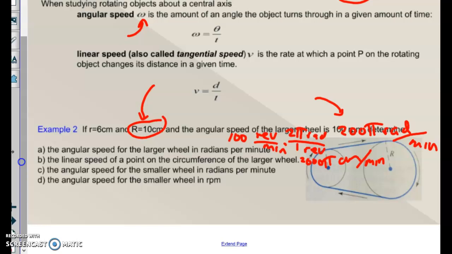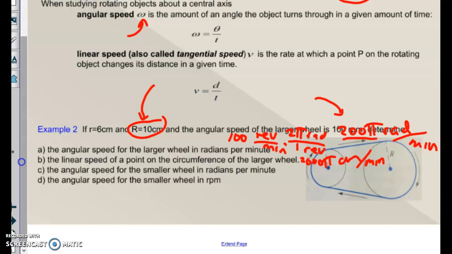Well, that one is going to be turning at the same speed, but it has to go faster. You notice that the belt on here has to be going the same speed, so we have to divide that 2,000 pi by 6 because the radius is smaller.